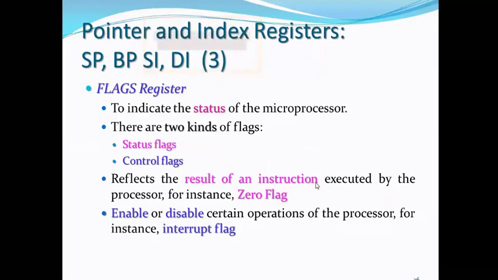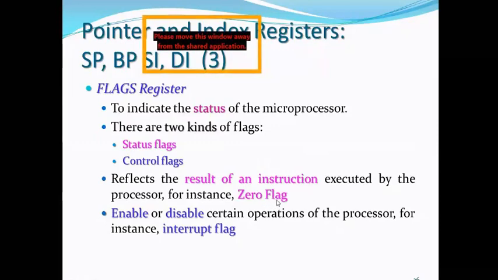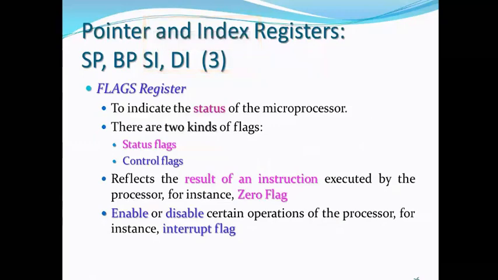Does it make sense? That is the result of an instruction executed by the processor. For instance, the zero flag: if the result is 0, the status will be one kind of status. If the result is 1, there will be another kind of status for the microprocessor. Is that clear? Just keep in your mind that status flags are always related with the result of an instruction.